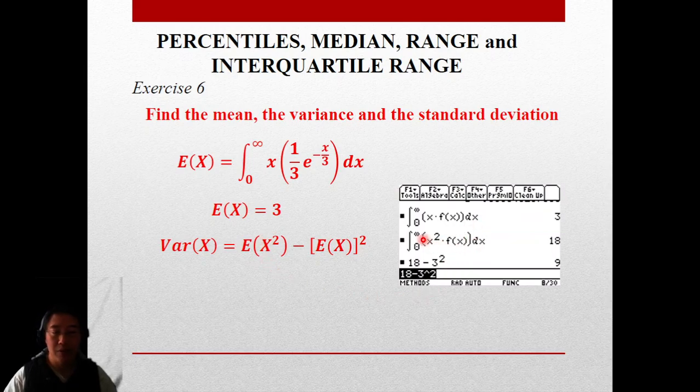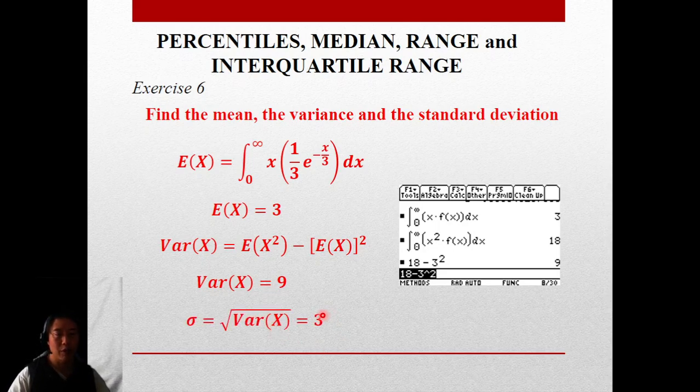That seems to work, yes, with infinity using the CAS. So you can recall the previous function and edit the x to x squared. That gives us 18. So that's going to be 18 minus 3 squared, and we get a variance of 9. We square root that, keep the positive value, and the standard deviation is therefore 3.